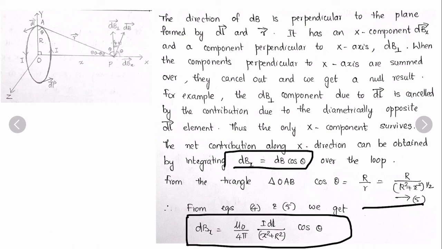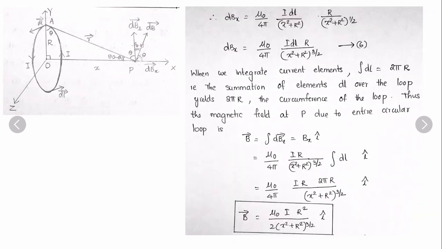Now let us substitute the value of cos theta and see what happens. Here I have substituted. You can see dBx is equal to mu 0 by 4 pi IDL by x square plus r square, times capital R by (x square plus r square) whole to the power of 1 by 2. This is the value of cos theta which we got on the previous page.